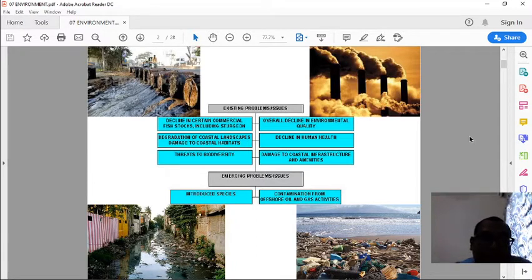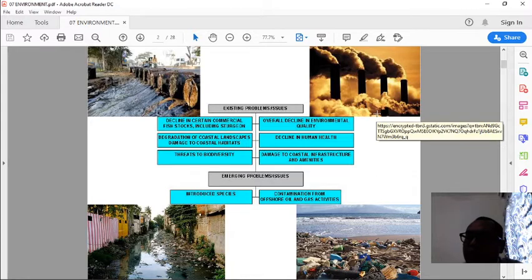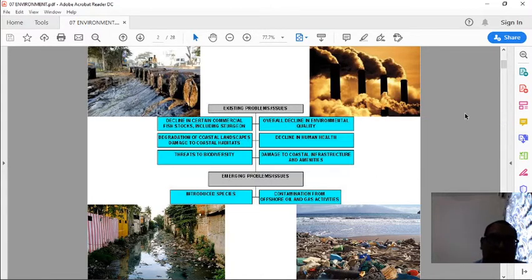Okay. So in a general sense, regarding the environment, we can see that there are a lot of problems or even issues happening all around us, like fish stocks declining and degradation of the coastal landscapes, damage to coastal habitats, threats to biodiversity, overall decline in environmental quality, decline in human health, damage to coastal infrastructure and also amenities.